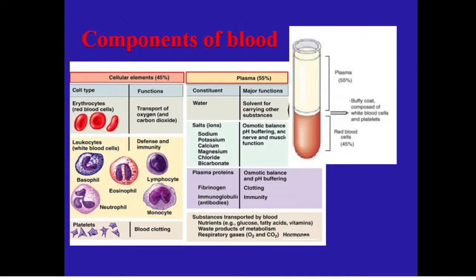Plasma, nearly 55% of the volume of blood, is represented mainly by water. But we all know that blood is thicker than water. Many salts are dissolved in our plasma, many of them sodium, potassium, calcium, magnesium, chloride, and bicarbonate.